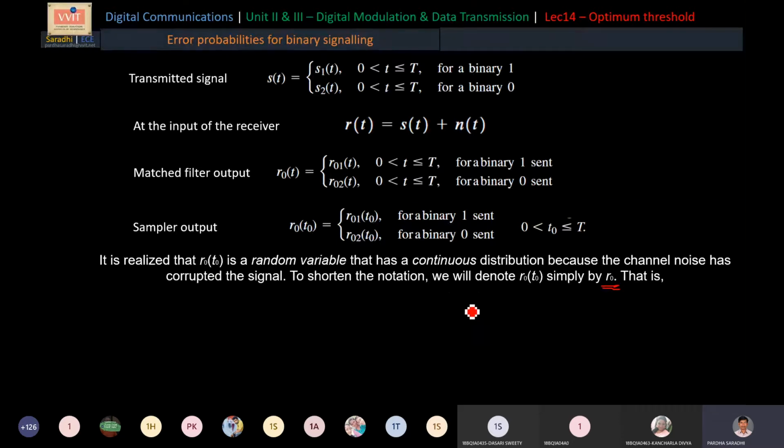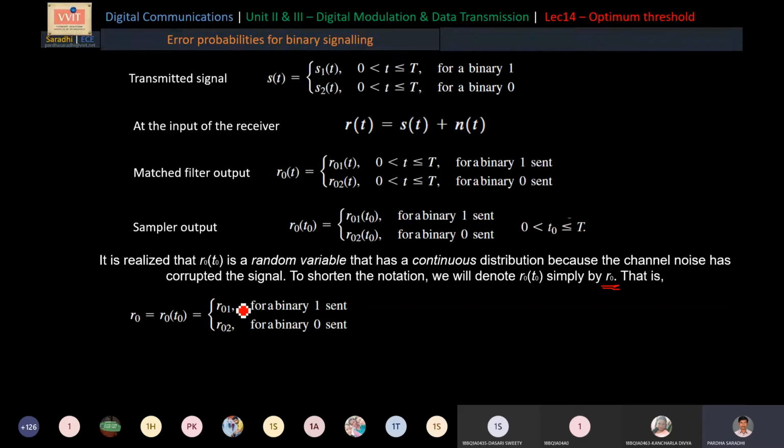As a result, this R0 can be considered as a random variable, and this random variable is taking one of two noisy values. These are not strictly scalars equal to a particular value, but values in and around a certain value. If it is polar, then this will be around plus 5 volts, and this will be around minus 5 volts.